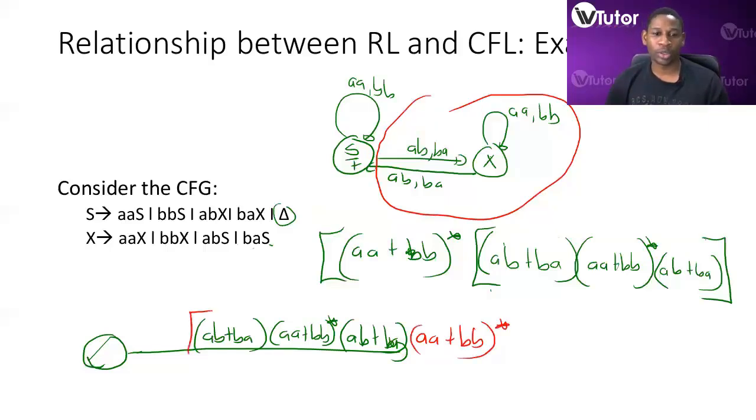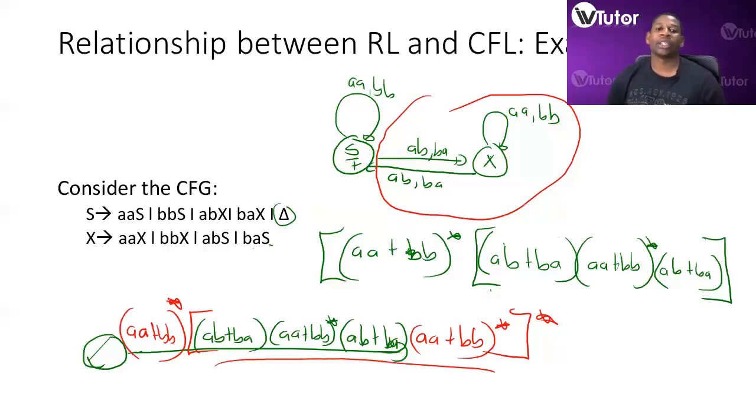So this is a loop that we can go into, or we can have A or B. And we can choose not to do this part. But if we choose to do this part, then we can continue doing that. So this becomes our regular expression.